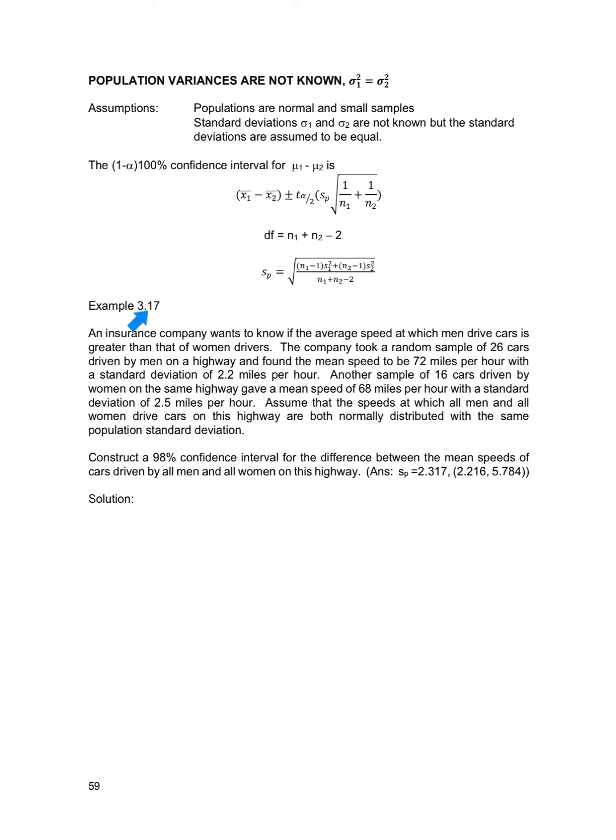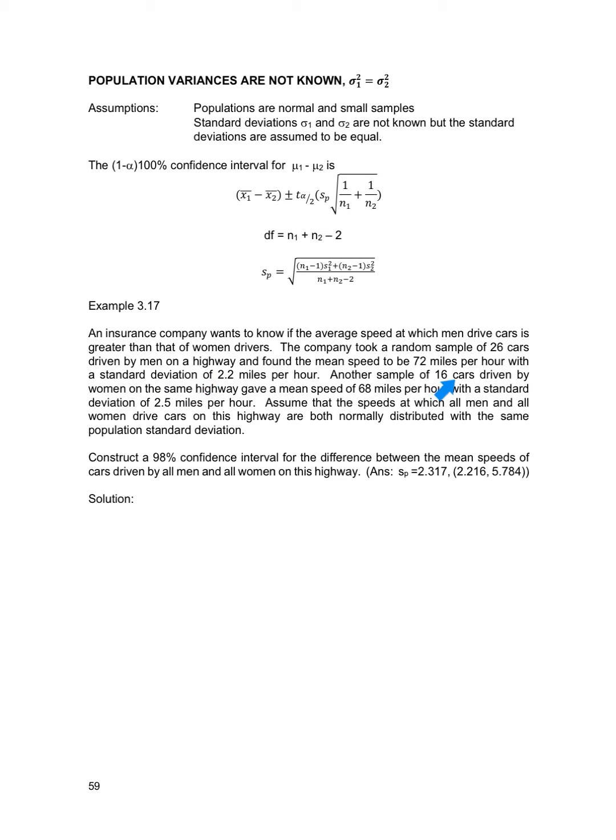Example 3.17. An insurance company wants to know if the average speed at which men drive cars is greater than women drivers. The company took a random sample of 26 cars driven by men and found the mean speed to be 72 miles per hour with standard deviation of 2.2.